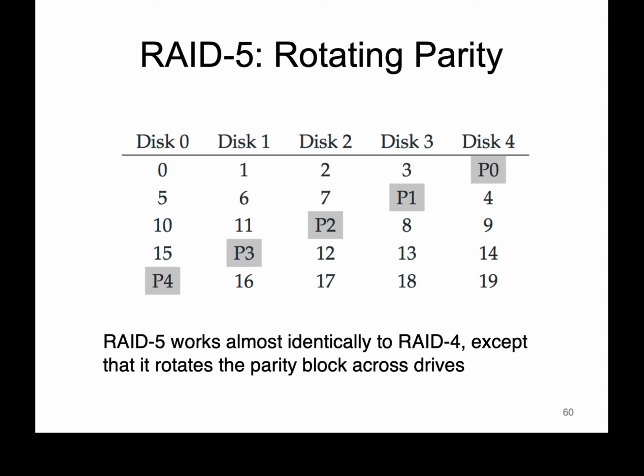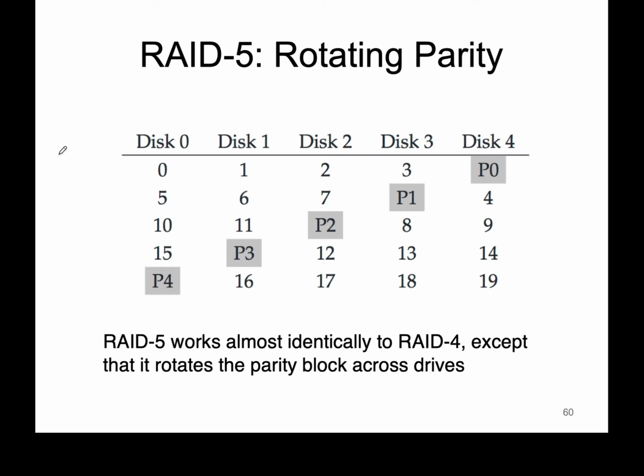Let's take a look at this specific example. In this example, we have a total number of 5 disks. Instead of designating one single disk just for storing the parity chunk, we spread this parity data across all these 5 disks employed by RAID number 5. As shown in this example, it's rotating.